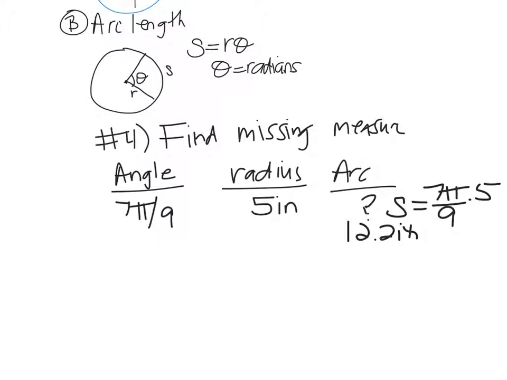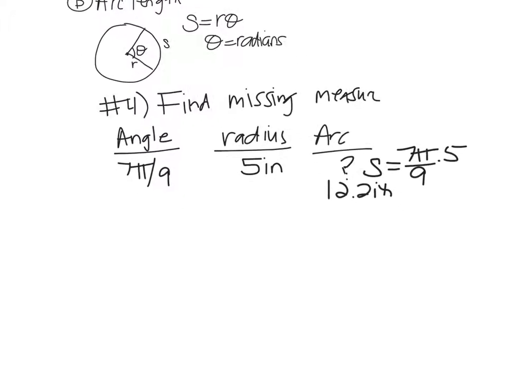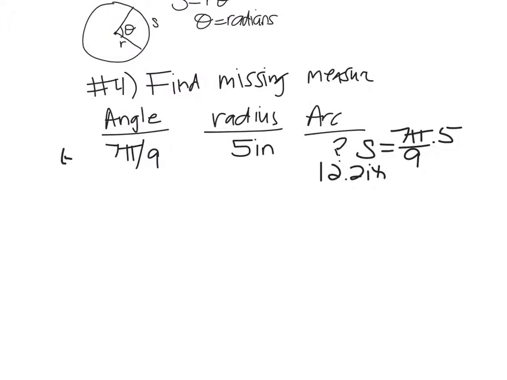All right, what if it's not in radians? Let's say we have 100 degrees. Can you do one where it's like 98.2 degrees or something? Sure. Just like a really weird number. 98.2 degrees.